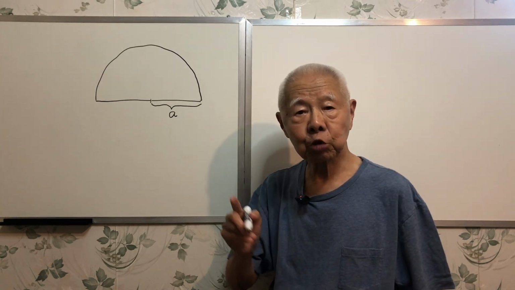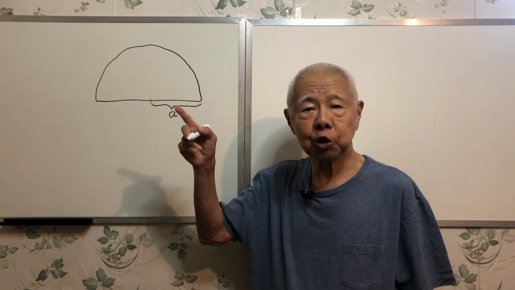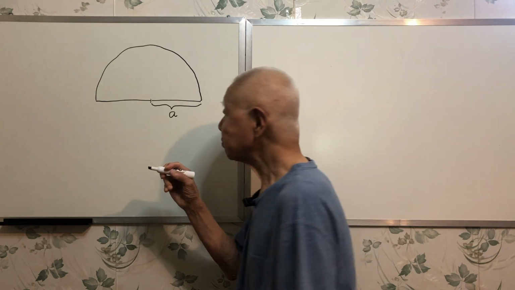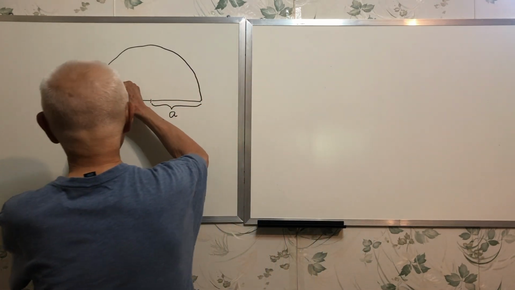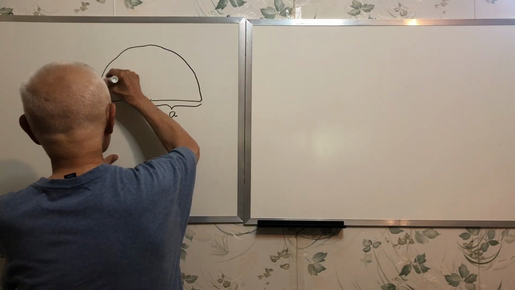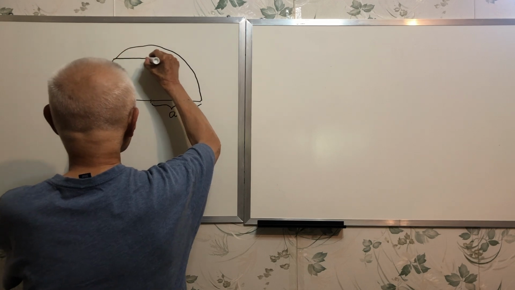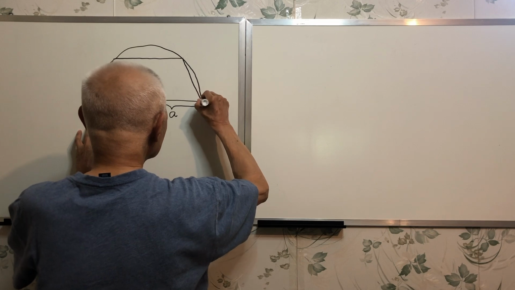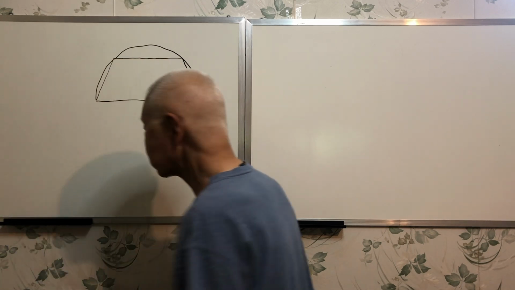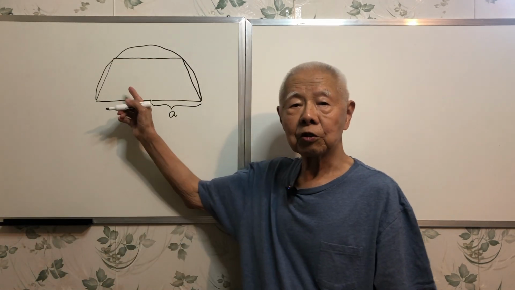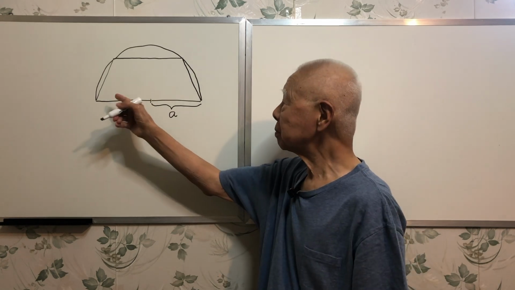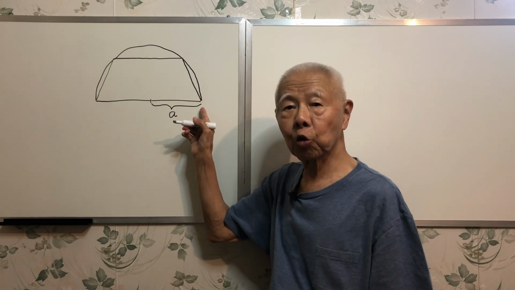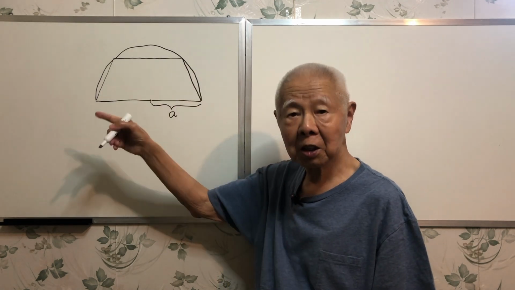I have a trapezoid inscribed in the semicircle. This is a trapezoid inscribed in the given semicircle.